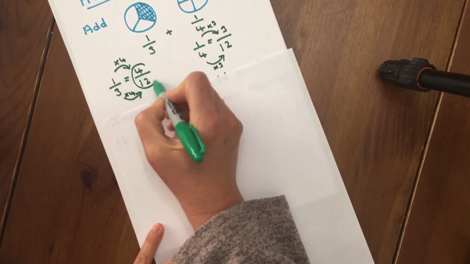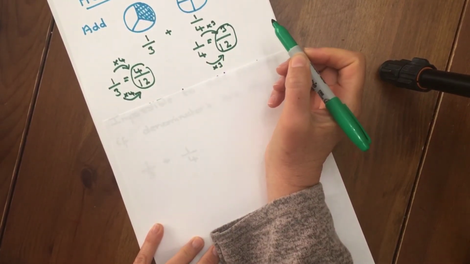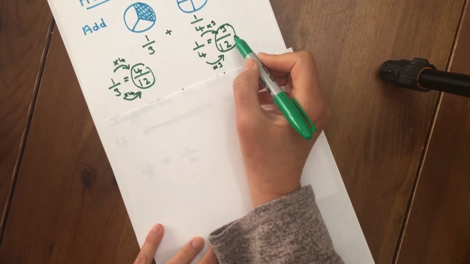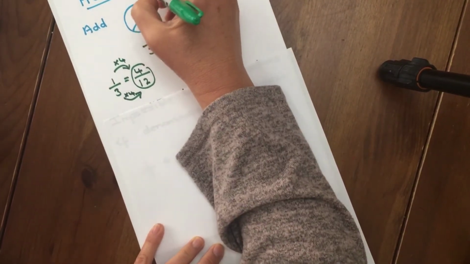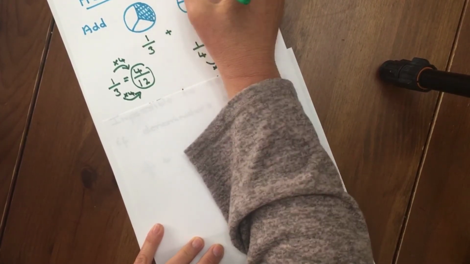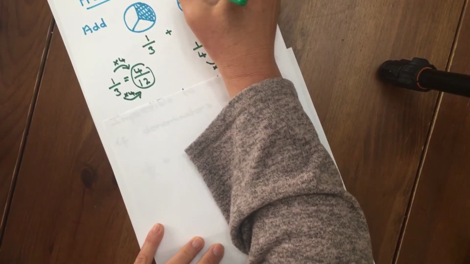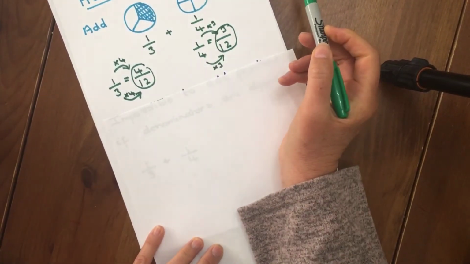So now I've got 4/12 add 3/12. So 4/12 add 3/12 is 7/12. So that is my answer for adding 1/3 plus 1/4.